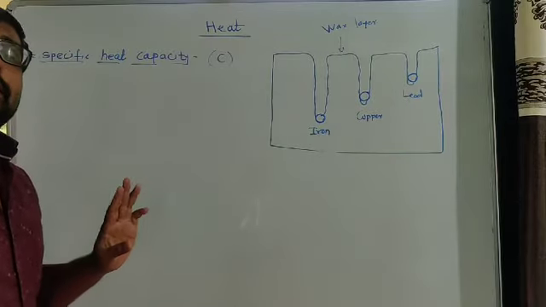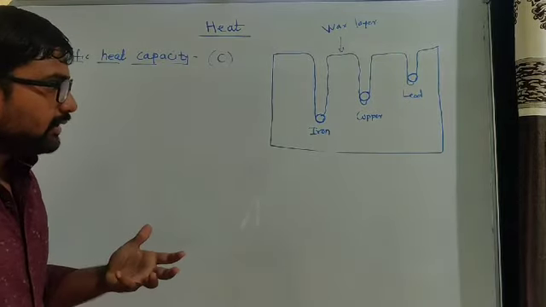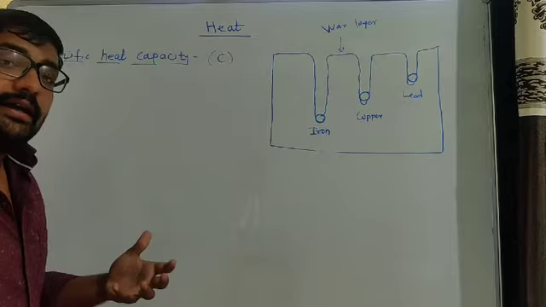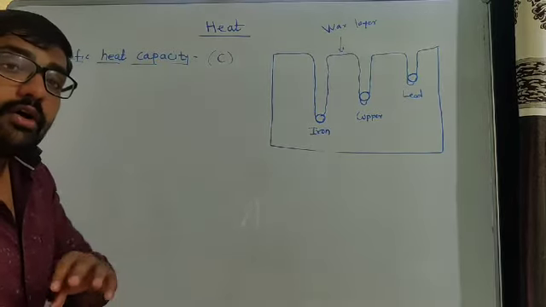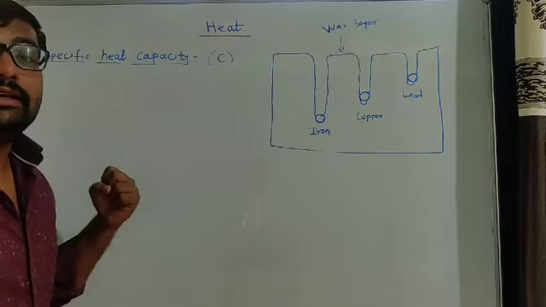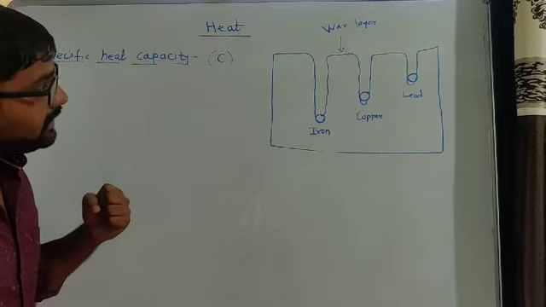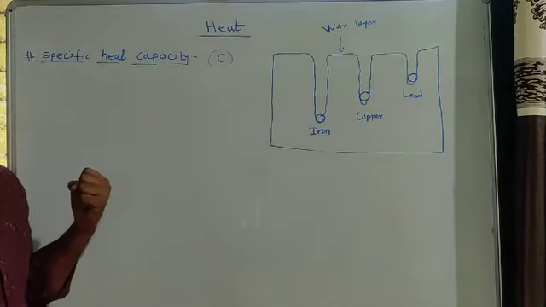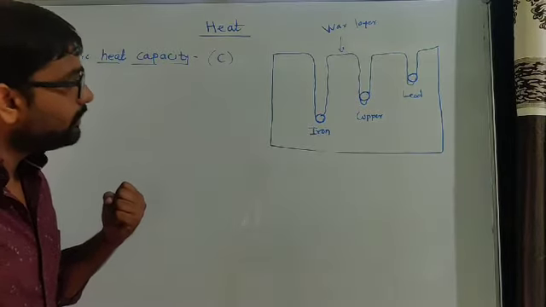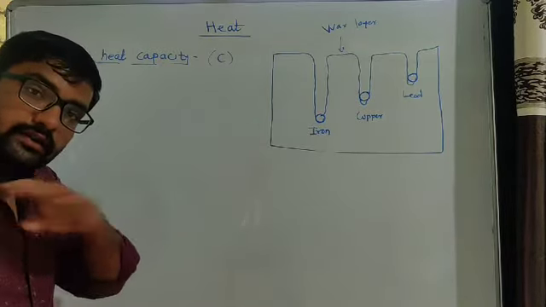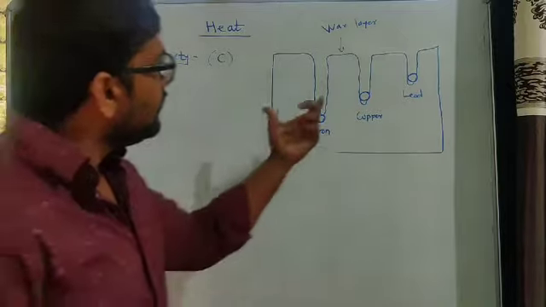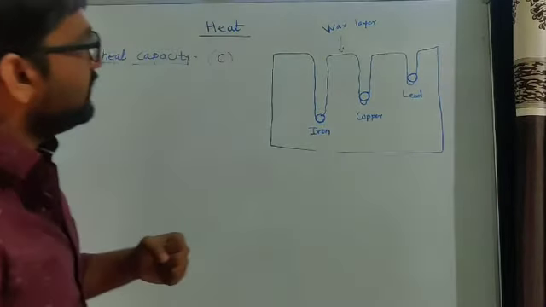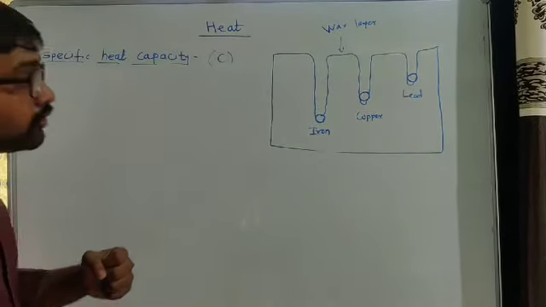So simply, why does this happen? Their acquired heat is not the same. Their initial temperature may be the same, but the heat absorbed by the metals is not the same. That is why their depth is not the same.